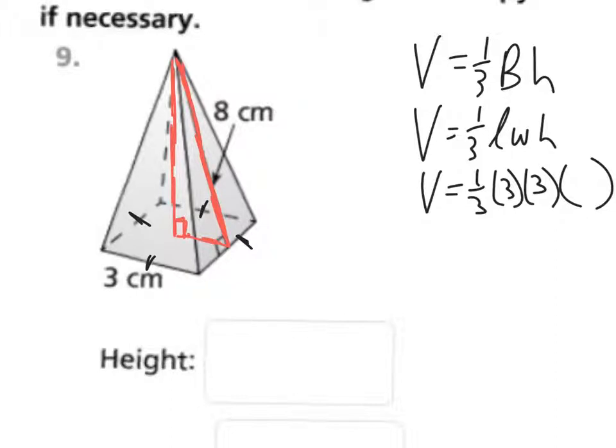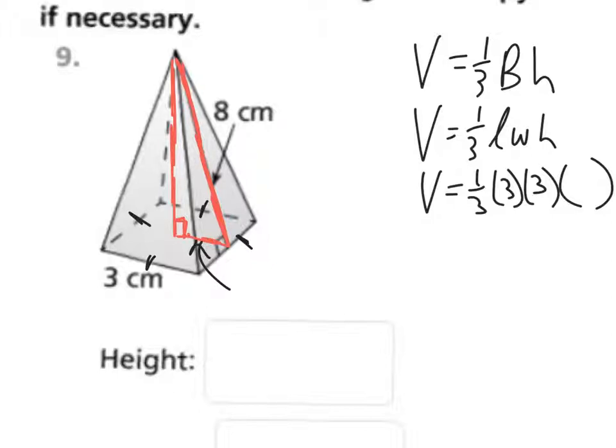So on this right triangle, we've got the base of this triangle. If we go straight up from the tip of the pyramid, straight down to our base, that goes right in the middle of that square, the very center of that square actually.